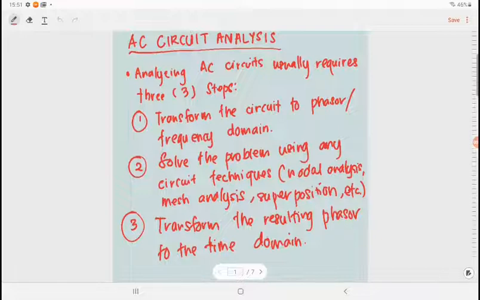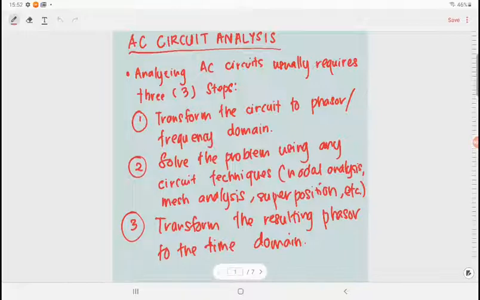So AC circuit analysis is actually an analysis of a circuit, but now the input is in AC form, right? Analyzing an AC circuit usually requires three steps. The first one is we need to transform the circuit to the phasor or frequency domain.